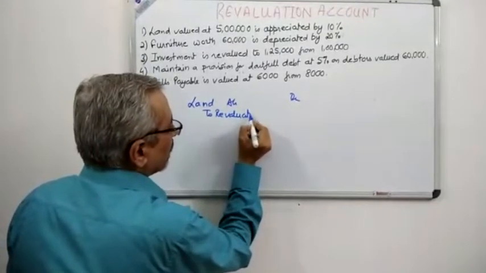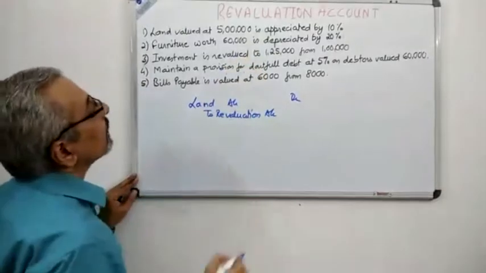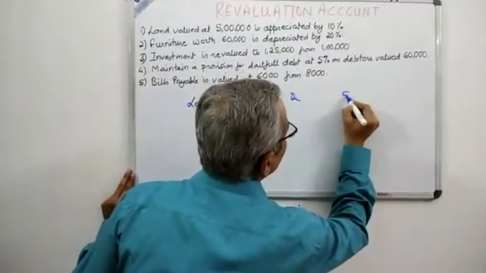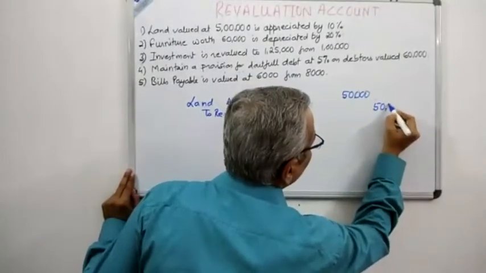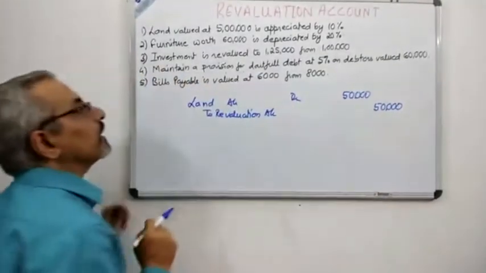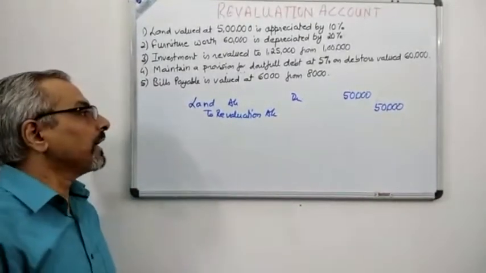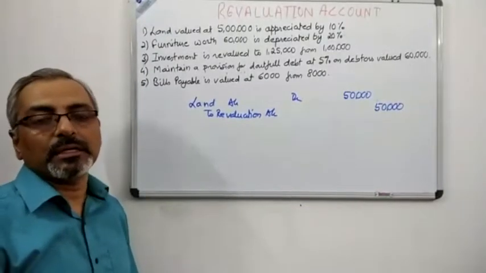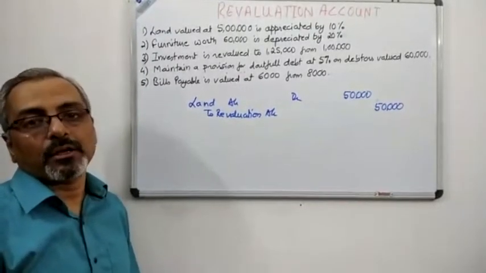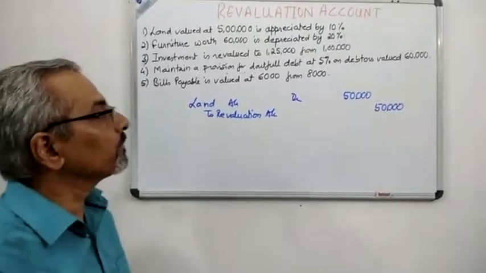Land account debit to revaluation account, and you can see the value will be 50,000. Why will it be 50,000? I hope it's very clear. If you calculate 10% of 5 lakh, it will be 50,000. So the journal entry will be land account debit to revaluation account, and you know the narration. The narration is being increase in value of land recorded. The next one you can see, furniture worth 60,000 is depreciated by 20%.